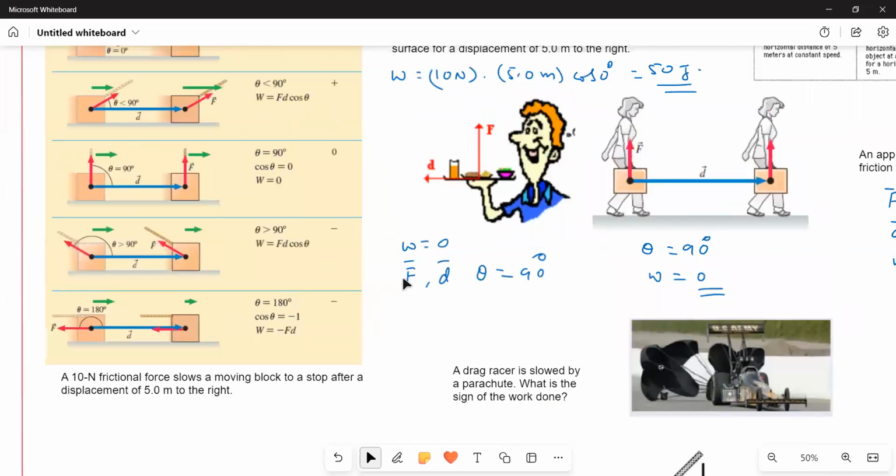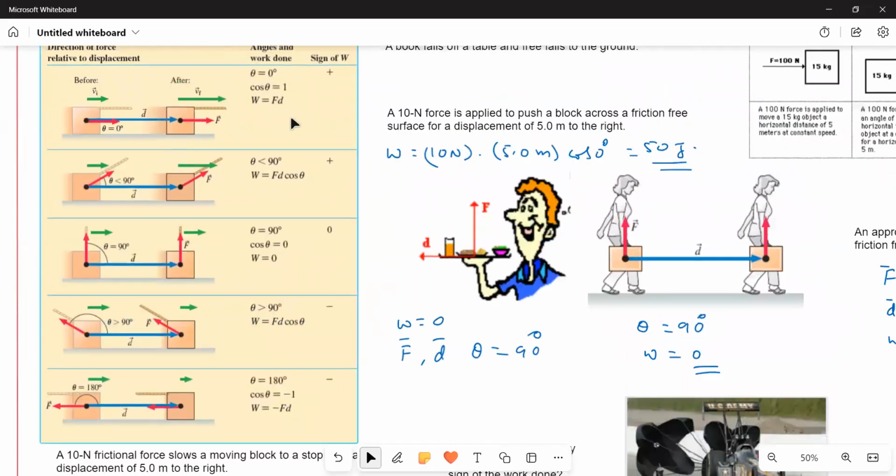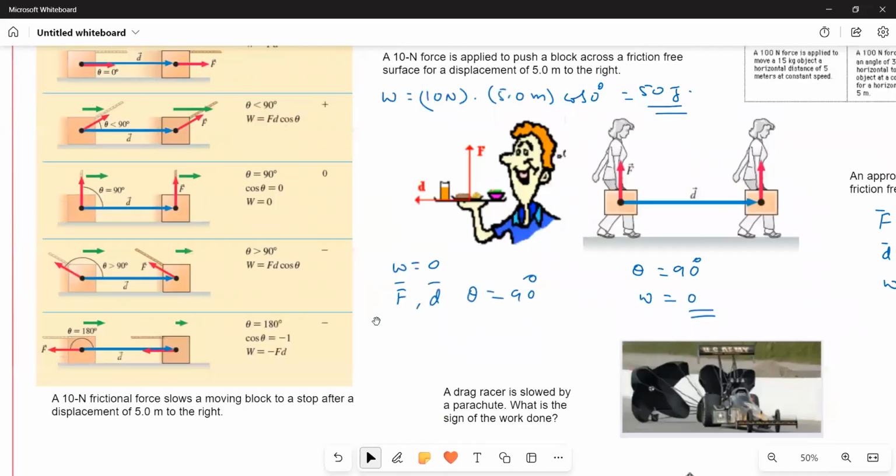Now you have seen when we say that work is done, and in all these cases the work done is positive. And when the work done is negative, when work done is equal to 0, that I also said. Now, when will the work done be negative?